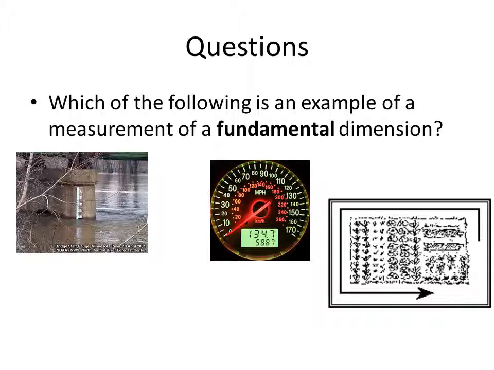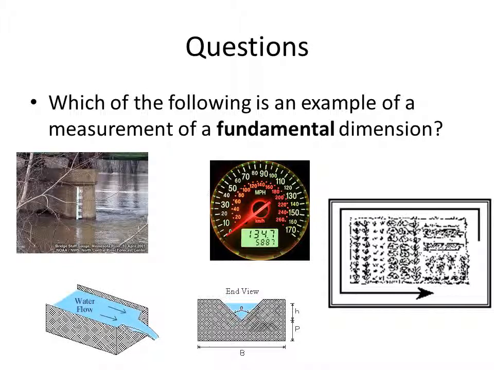On the far right, somebody has traced a path around a garden, pacing and measuring the perimeter, possibly to measure the area in the interior. And finally, at the bottom we have what's called a V-notch weir, used to measure the flow of water in gallons per minute.